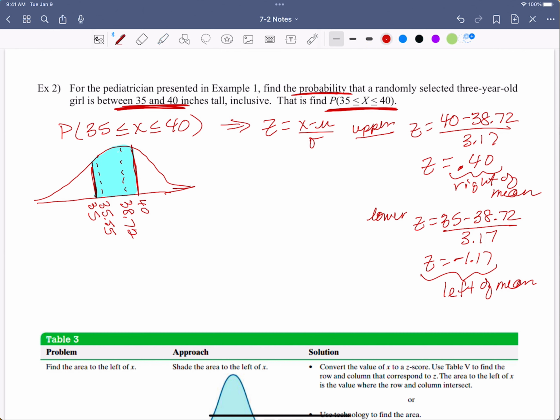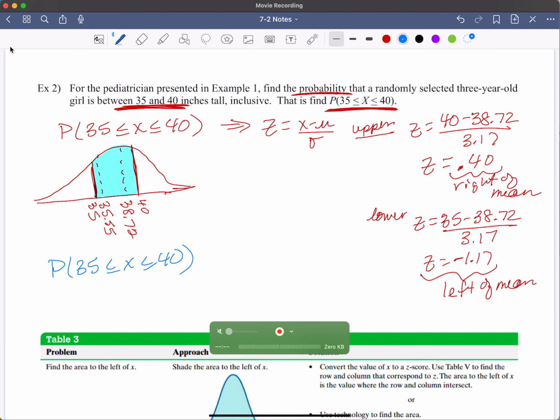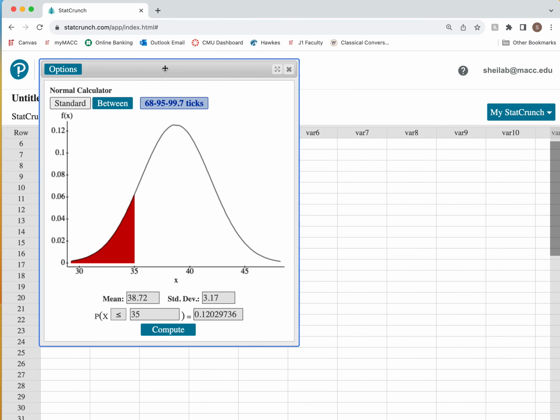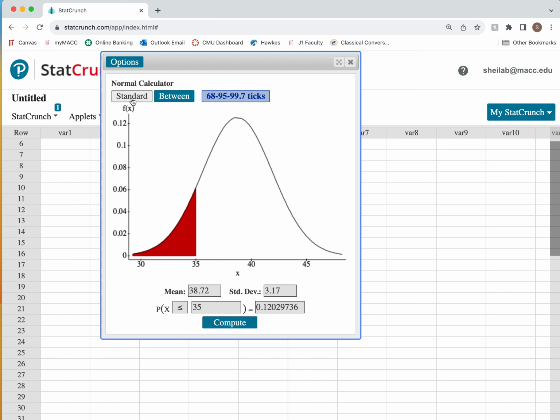If I truly want to find the probability between 35 and 40, we're going to go back to StatCrunch. Now look at what's happening here. In our StatCrunch, we have this as standard and we have the option of between. It looks like between's currently selected, but it's not. I don't know why it does it backwards like that. Now the between is selected and you can tell because my probability down here is between two things.